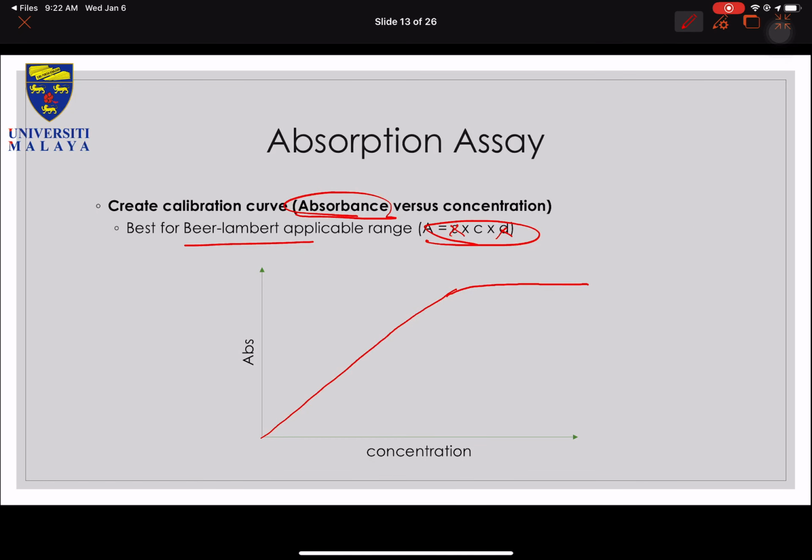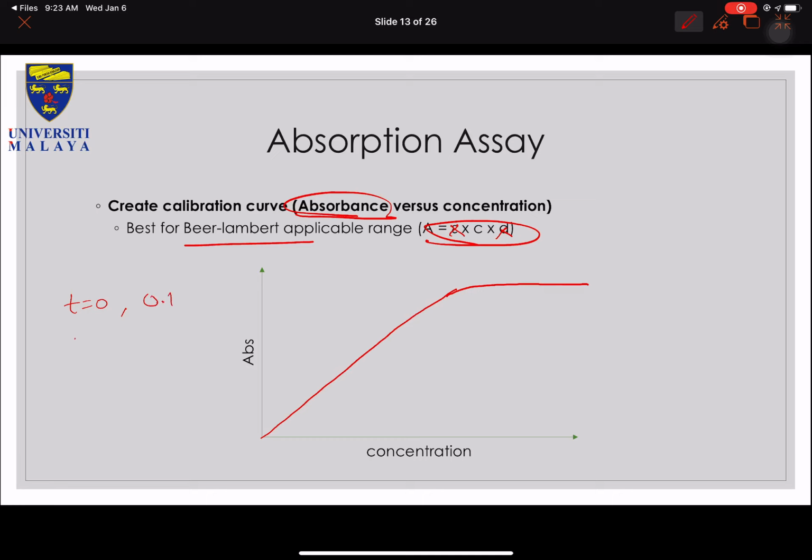I'll just turn on my Wi-Fi so that there won't be any disturbance. Okay, and once you have a concentration plot like this, you can actually directly measure the enzyme activity, whereby say for example at t equals 0, you will have a value of 0.1.